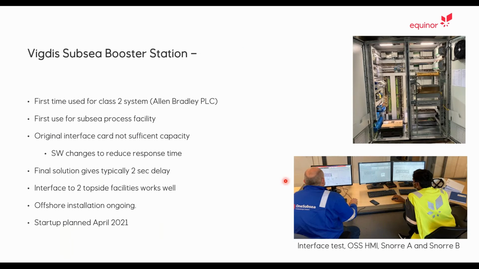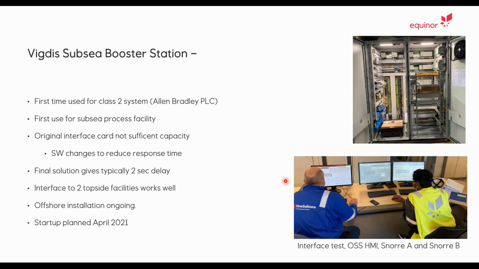In addition to that, it was probably the first time that MDIS has been used for a Class 2 system. We sort of had to make that decision due to schedule and constraints on the supplier side. We would have liked to have an integrated solution.